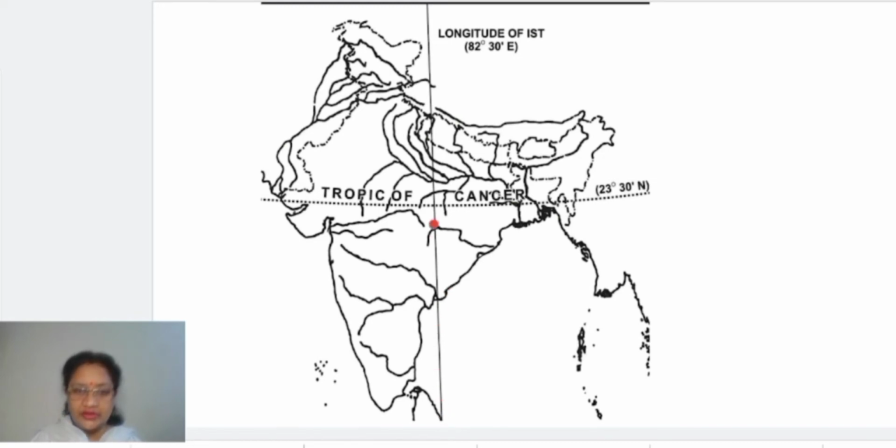When you join all these dots by free hand, you are going to get a longitude, and its value is 82.5 degrees east longitude, which is also well known as the Indian Standard Meridian, on the basis of which we always take out the Indian Standard Time. So this is all about the longitude and latitude.